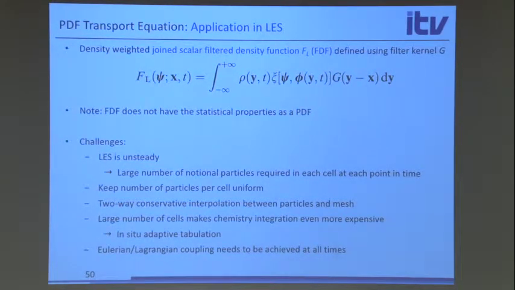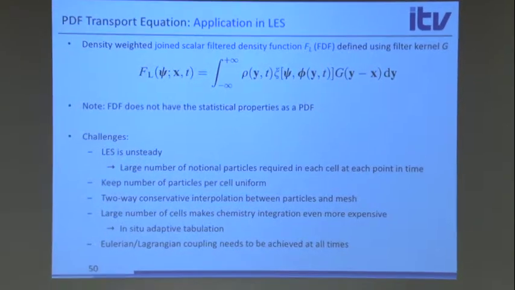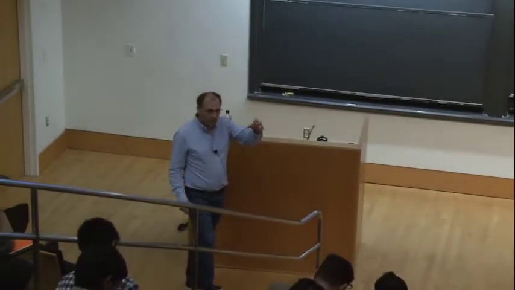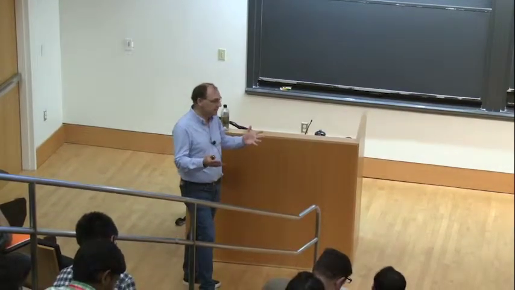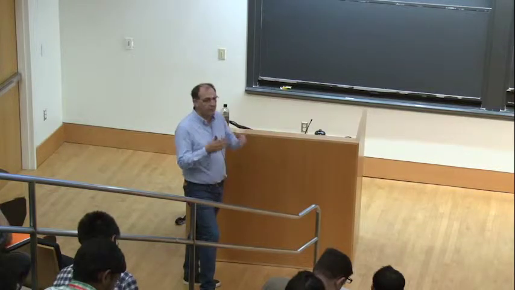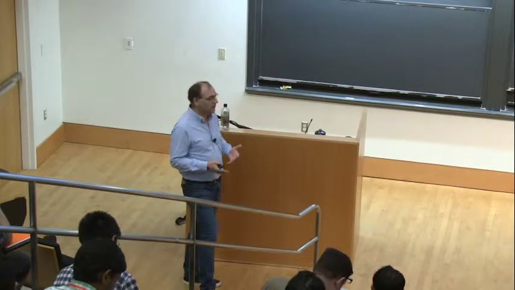For simulations that are unsteady, you would need at every time in every cell a sufficient number of particles to make it statistically convergent. So let's say you need 500 particles per cell to get good statistics. That means if I have 1 million cells, I need to have 500 million of these particles. So that's a lot.